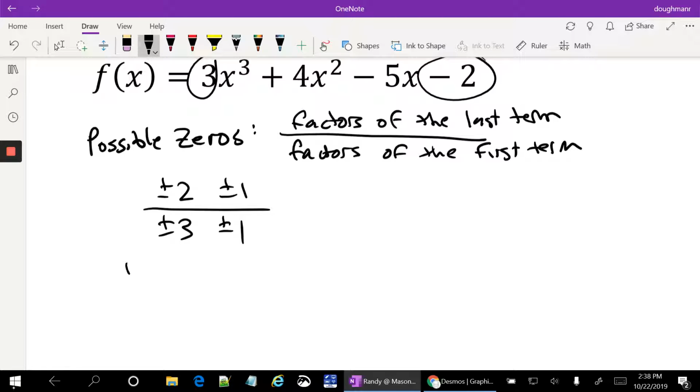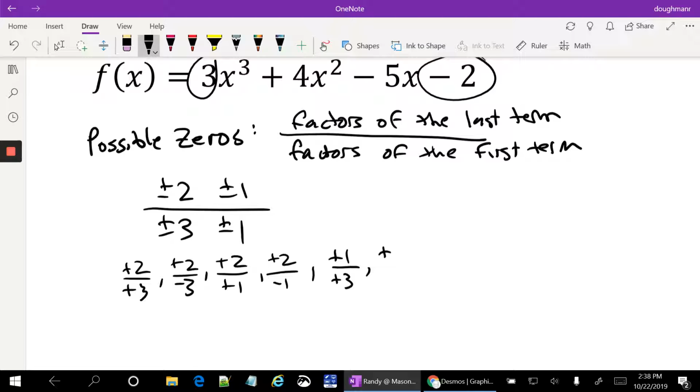So I'm going to look at a positive 2 over a positive 3, positive 2 over a -3, positive 2 over positive 1, or positive 2 over -1. Continuing on, I can have a positive 1 over a positive 3.